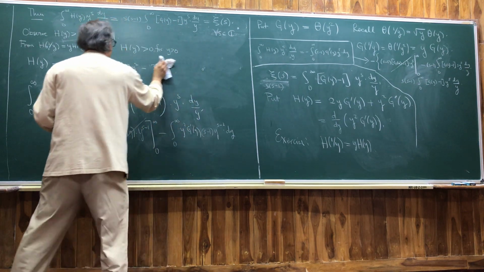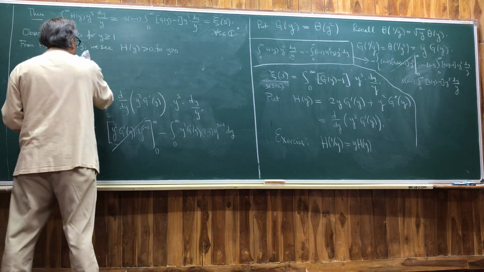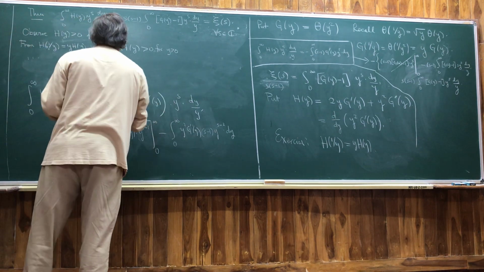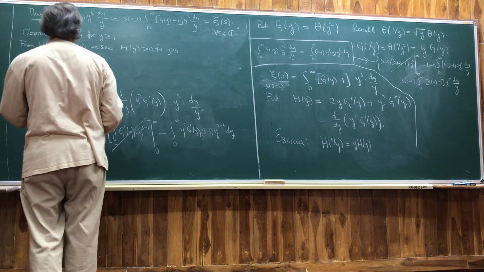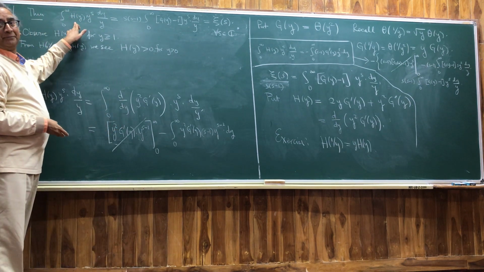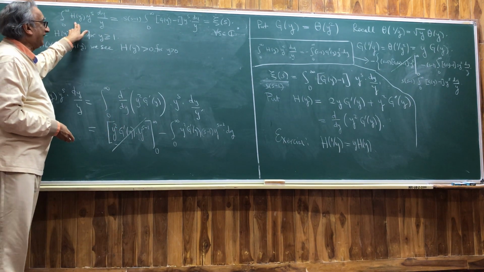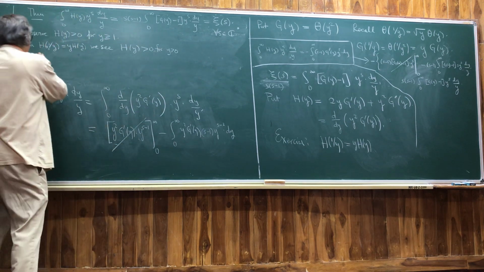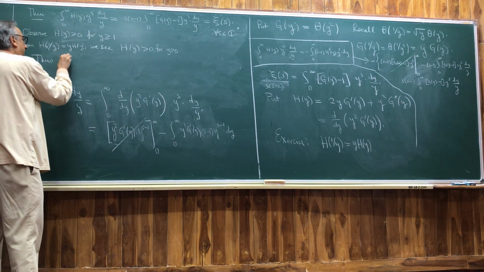Okay, so I think I don't need this expression anymore. And what is the big deal? The big deal is h of y is non-negative. So that's the big deal. Or you can think of it as a probability.